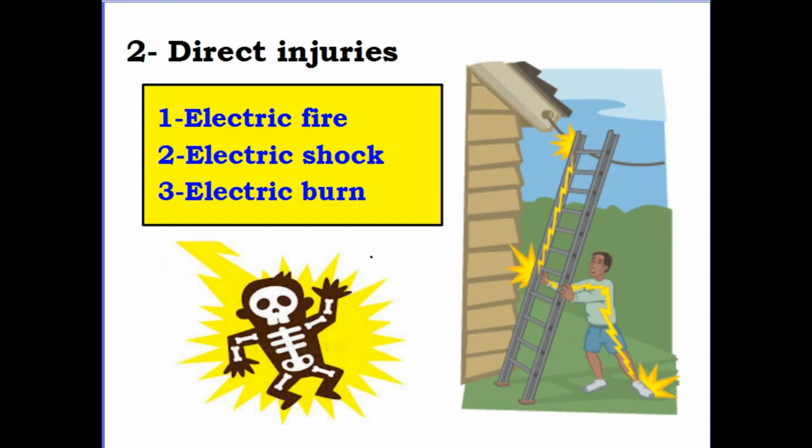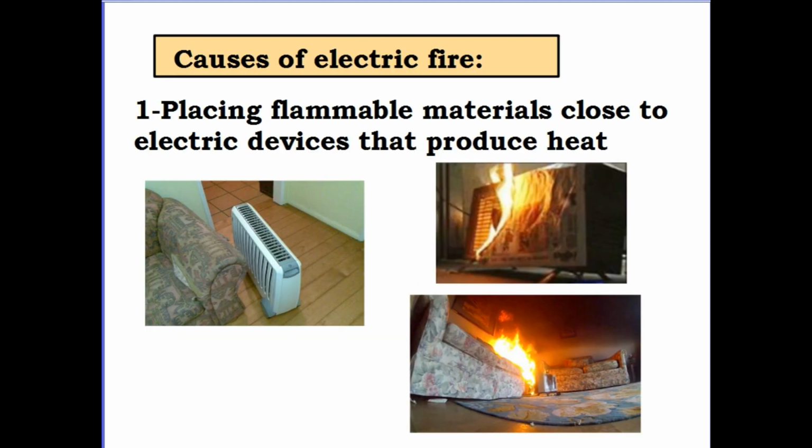We have three examples of the direct injuries, which are the electric fire, the electric shock, and the electric burn. Let's start with injury number one, the electric fire. Why does the electric fire occur? What are the factors or reasons that help in causing the electric fire?